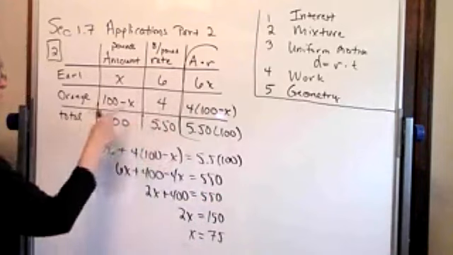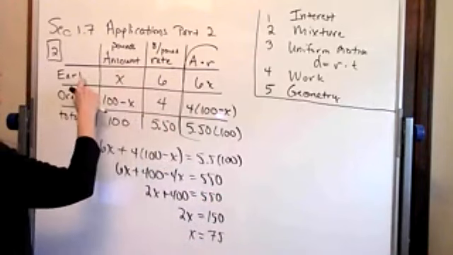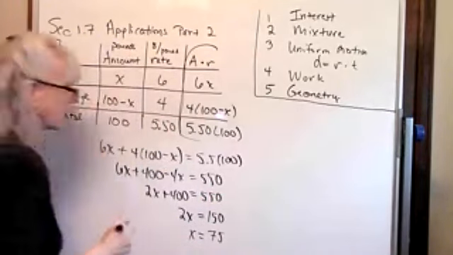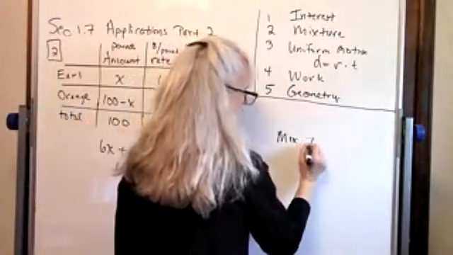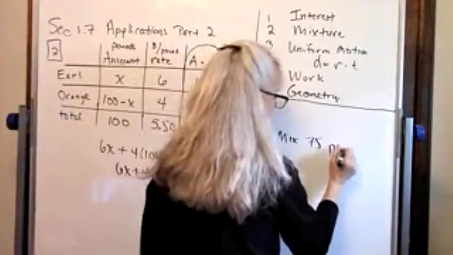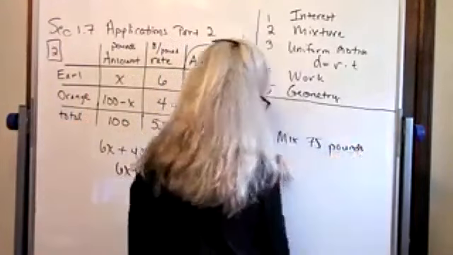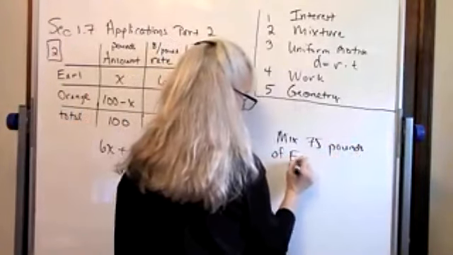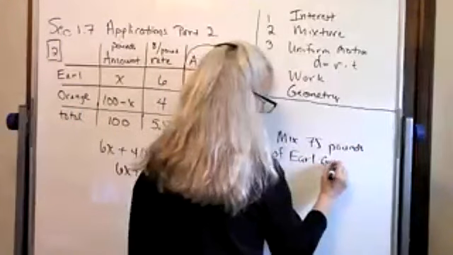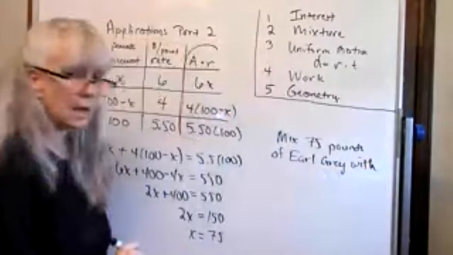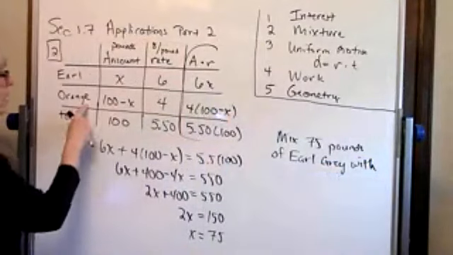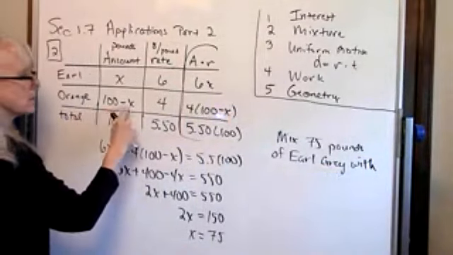What is that? So I come back to my chart, look at my chart, and see that X is the Earl Grey, and it's how many pounds of Earl Grey. So we're going to need to mix 75 pounds of Earl Grey with, and now I have to stop and think, right? I need to figure out how much orange pekoe. Well, the orange pekoe is 100 minus the 75.